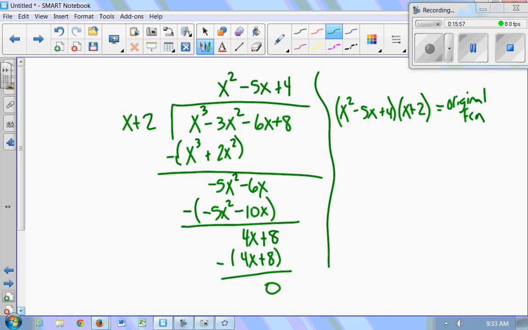Sorry, thank you. And then now that it's a quadratic, this one happens to factor. What if it didn't? What if I couldn't factor that? Quadratic formula. Yeah.